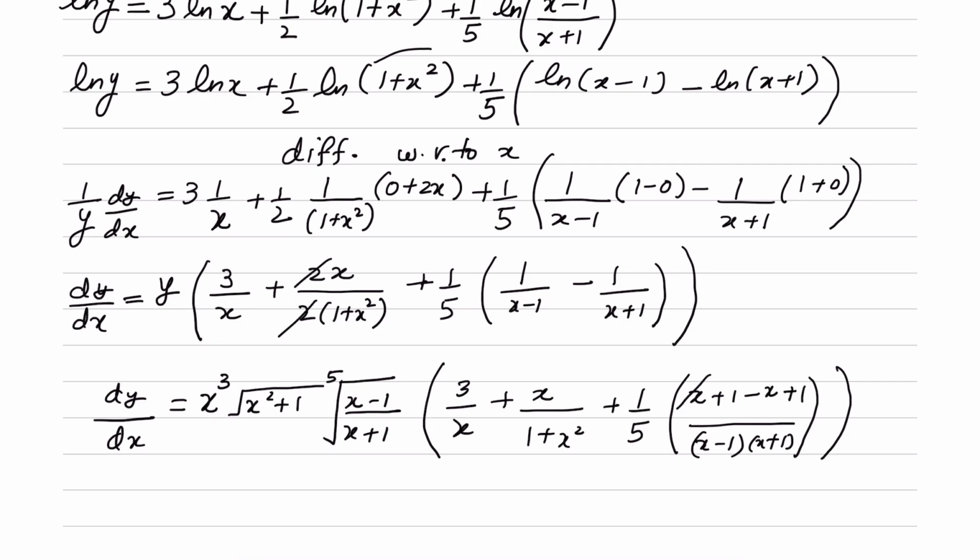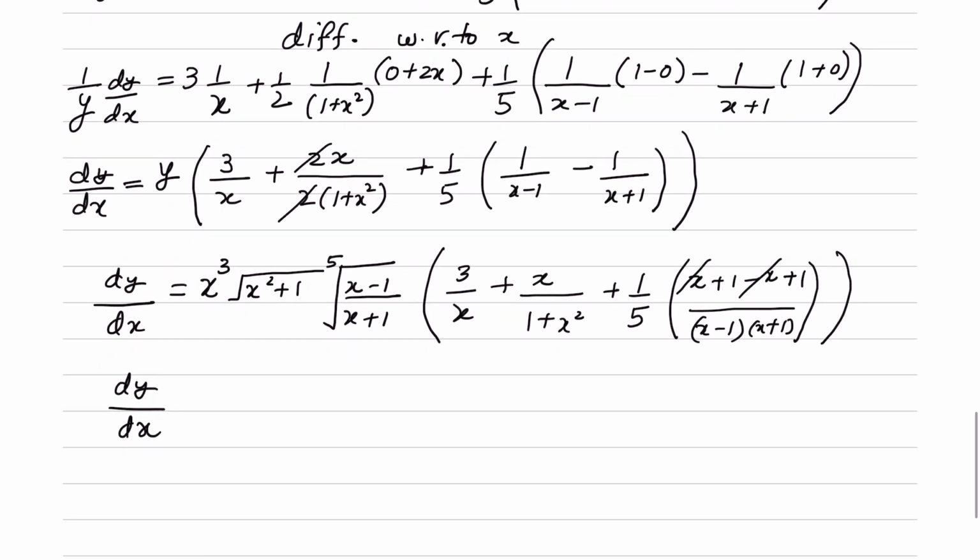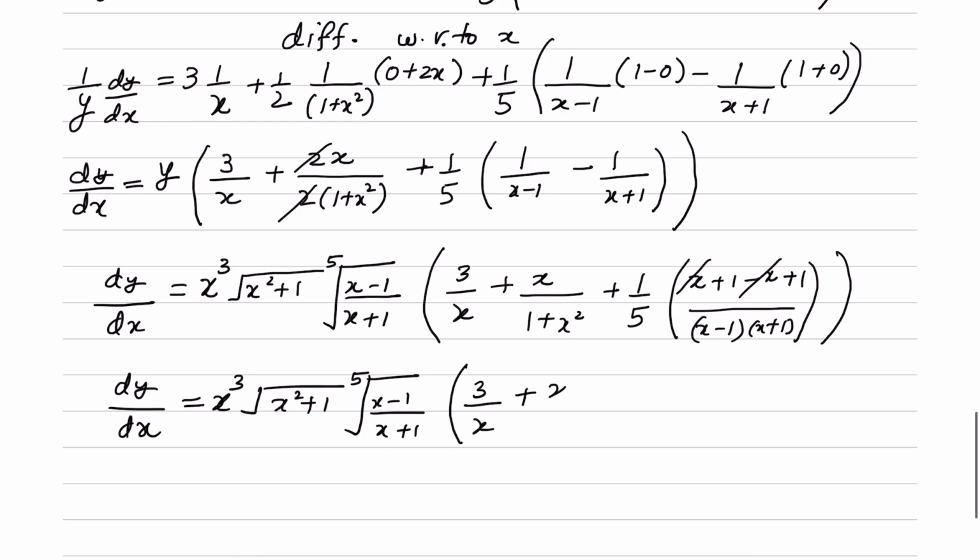This x cancels out with this x, and you have dy by dx is equal to this expression 3 by x plus x over 1 plus x square plus 2 over 5 into x square minus 1.